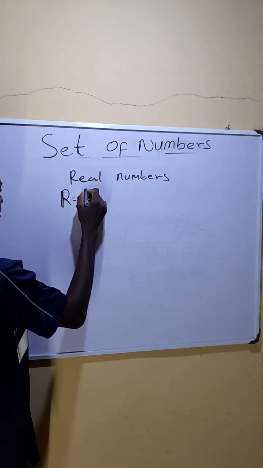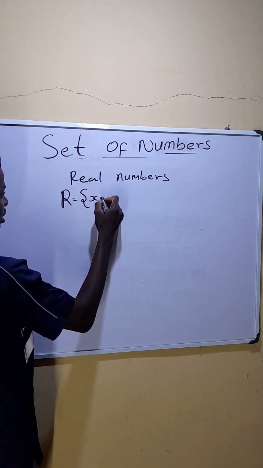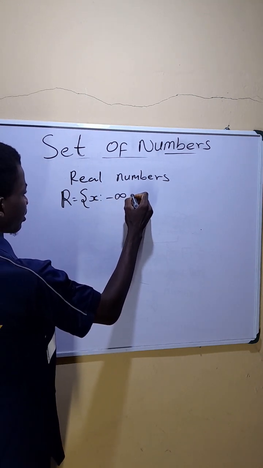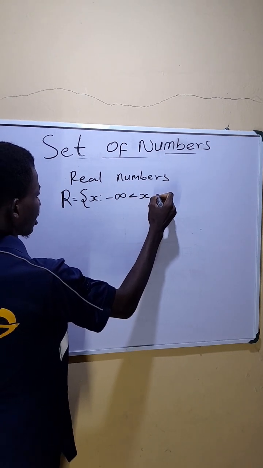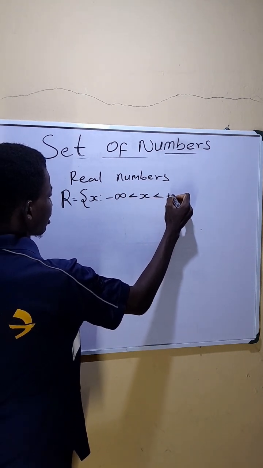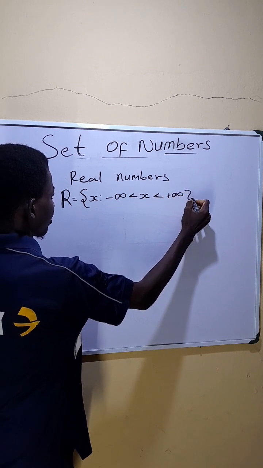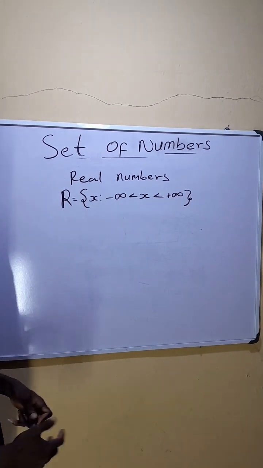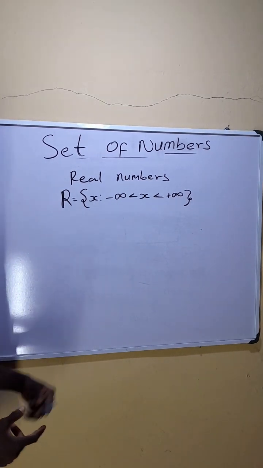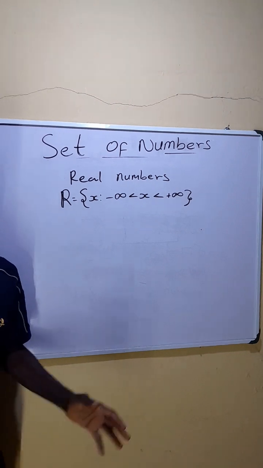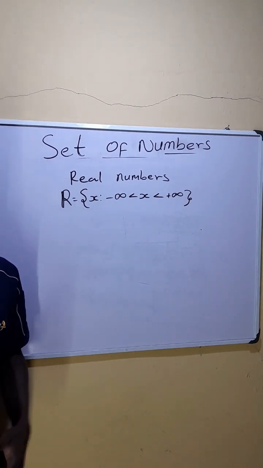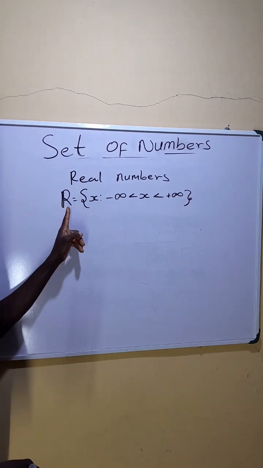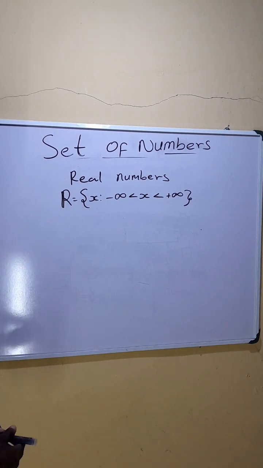So we can say that real number is X such that negative infinity is less than X and X less than positive infinity. So this is actually a definition of real numbers. Real numbers contain all these natural numbers, integers, whole numbers, rational and irrational. All of them are under real numbers.